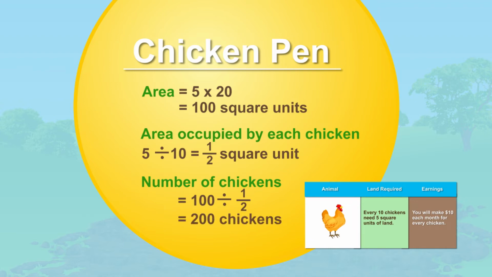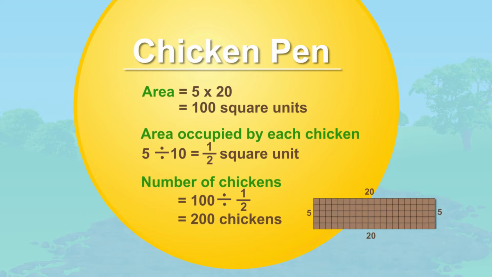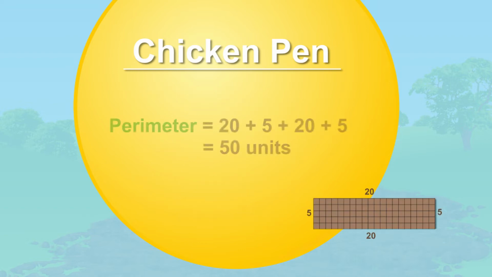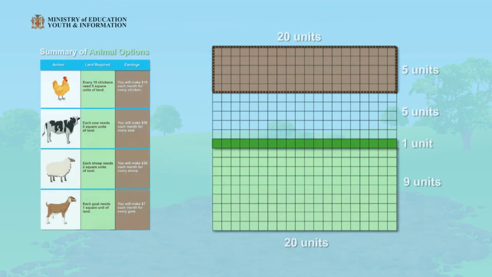And that gives me 200. I will have 200 chickens in this 100 square units. Now, the perimeter is 20 units plus 5 units plus 20 units plus 5 units. That gives me 50 units.